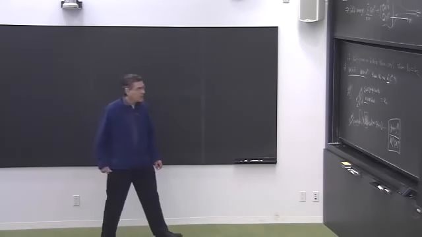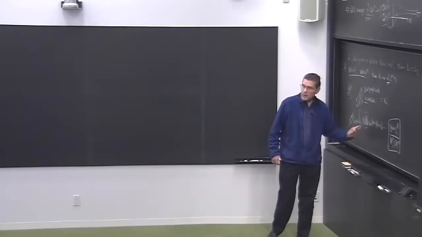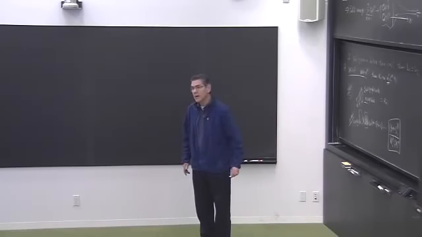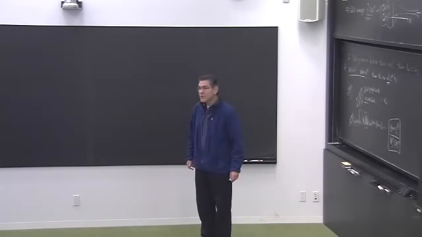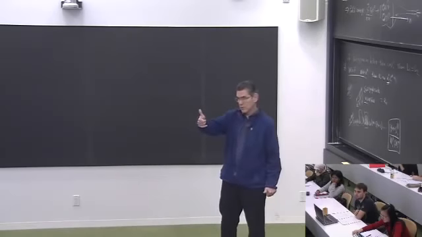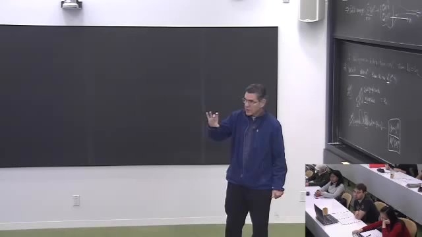But it turns out that the difference between the number of connected graphs and the number of graphs is irrelevant. Okay, in fact, asymptotically, if you take the ratio of the number of all graphs to the number of connected graphs and let n go to infinity, it approaches 1.